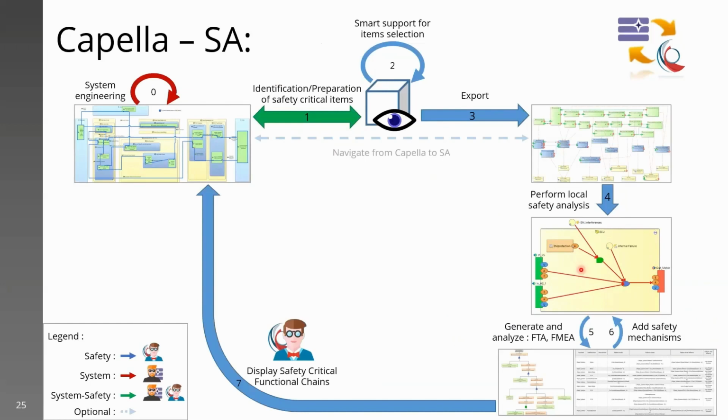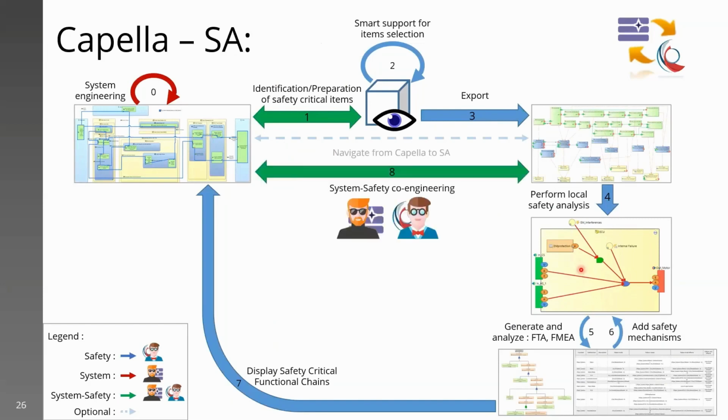Again, I will show you this during the demo. This safety critical function chain can be used by the safety team to present to the system team what the issues in the system architecture are, where the safety analysis has been performed, etc.